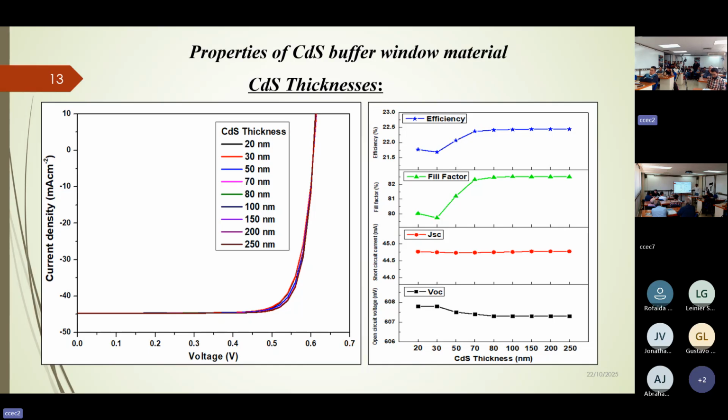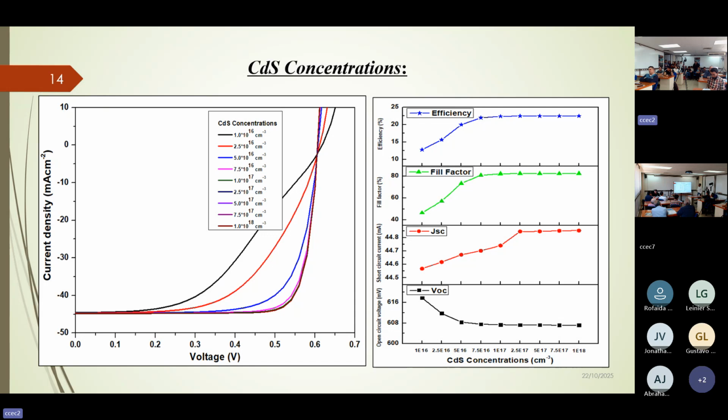The best one we found is 70 nanometers for the CdS thickness. For the concentration, as per publications, window or buffer materials should normally have higher carrier concentrations compared to the absorber layer. Similarly, at higher values we have increasing efficiency.